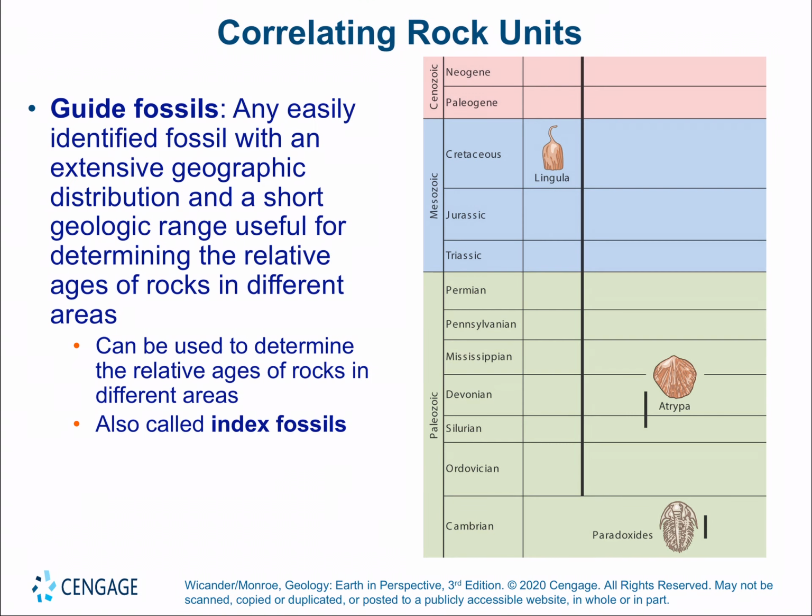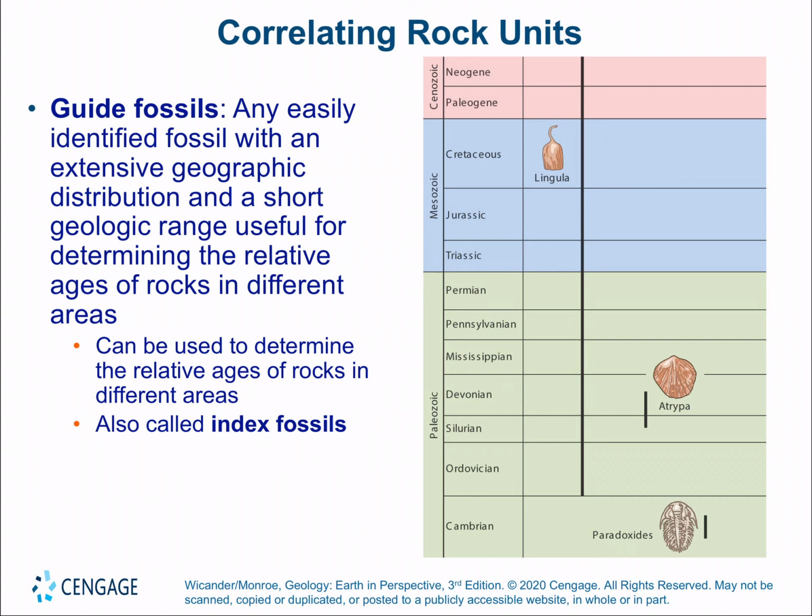Sometimes we will also use what are known as guide fossils to help us correlate rock units. A guide fossil is a fossil that's easily identifiable. It has an extensive geographic distribution but a relatively short geologic range. It helps us determine the age of rocks.